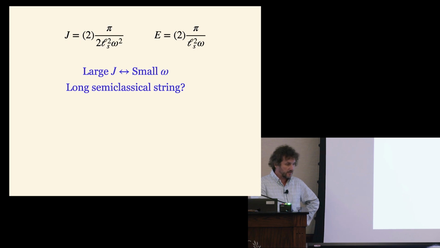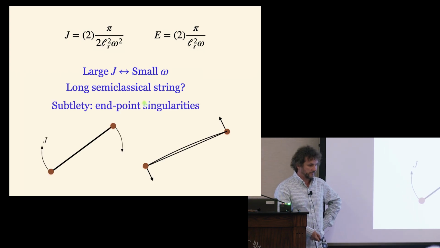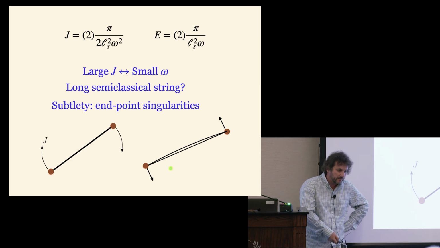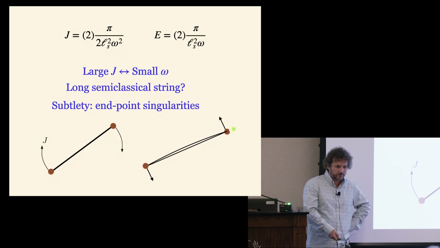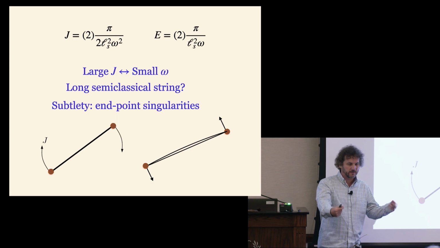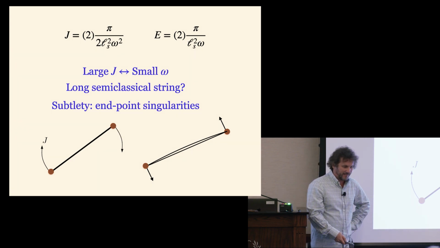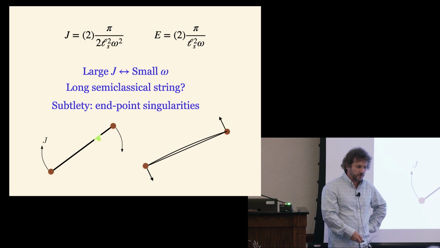However, there is a subtlety, and namely the subtlety is related to endpoint singularities. It's more obvious for closed strings. For closed strings, clearly, in this solution there is a fold at the endpoint, so it's obvious that there is a singularity. But in fact, there is also a singularity with Neumann boundary conditions, for open strings.